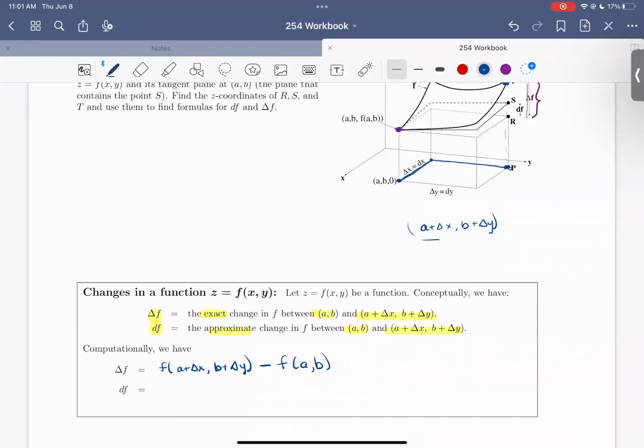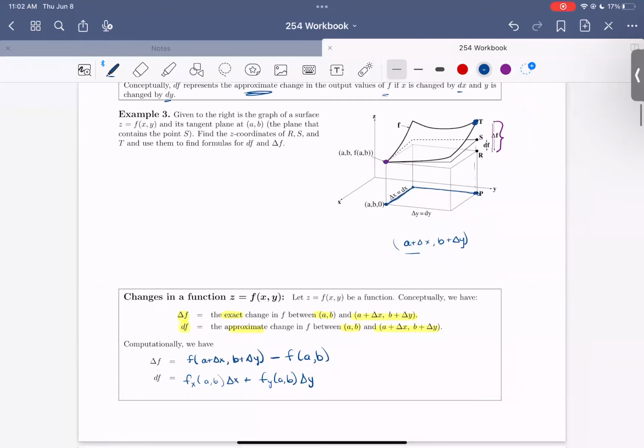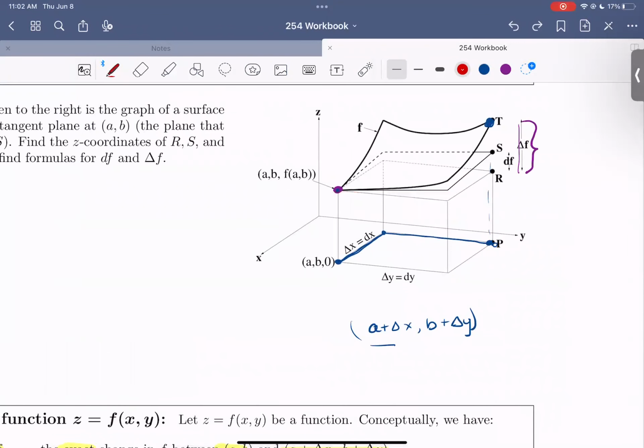Now let's consider that approximate change of f, or the differential df. We can see that we calculate it from the previous example. We compute the partial with respect to x at (a, b) times the change of x, plus the partial with respect to y at (a, b) times the change of y. We can see what's happening there graphically. What we're essentially doing is looking at where the point is on our tangent plane above the point P. I'm going to outline that tangent plane in red.